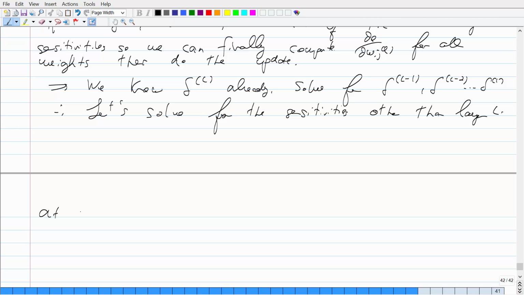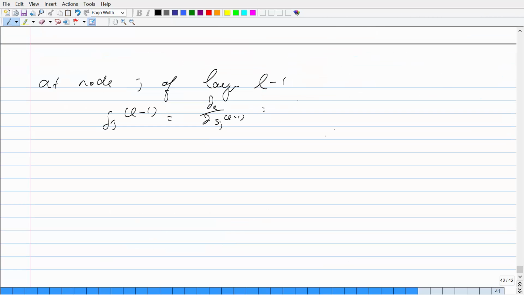So at node j of a previous layer, we have this guy. Oops, this is partial, sorry. What was it? And then we can split this up by the chain rule, because the input here actually depends on the output of the previous layer.